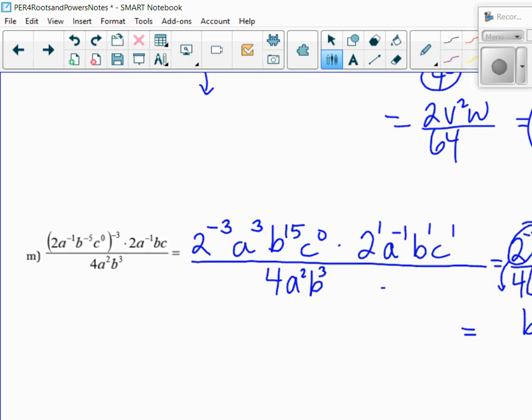And then if you want, you can put c to the power 1, or you could just leave it like this. And then this 2 squared is going on the bottom, and this is still 4. So what do we get at the bottom there? 16. Did anybody actually get the correct answer here? b to the power 13, c over 16 as your final answer. Good job. Okay. That was a hard one for sure.